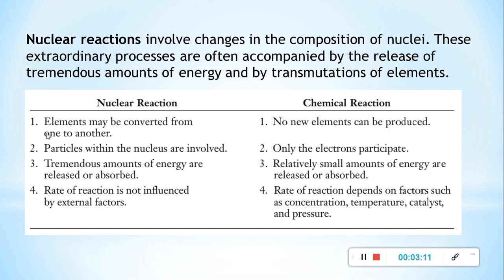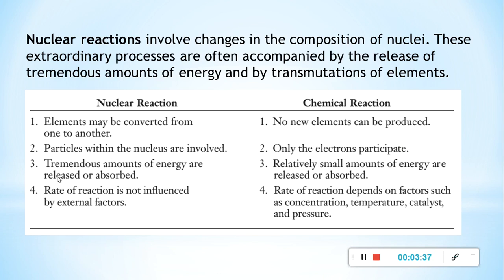The first one: in a nuclear reaction, elements may be converted from one to another, while in a chemical reaction, no new elements can be produced. The second one: particles within the nucleus are involved, while in chemical reactions, only the electrons participate.